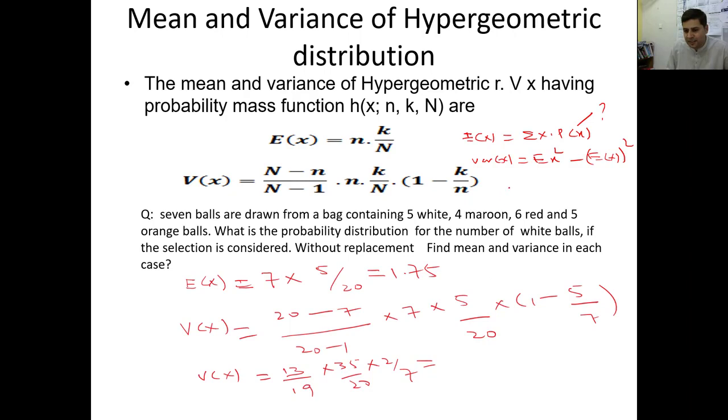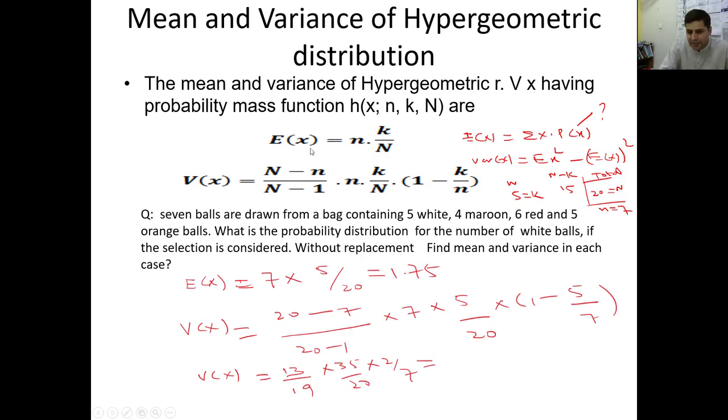The most important thing to identify: white balls are 5, which is k, and n minus k is 15, which are the other balls. The total is 20, which is capital N, and the number of balls selected is n equal to 7. We know all this from the question.